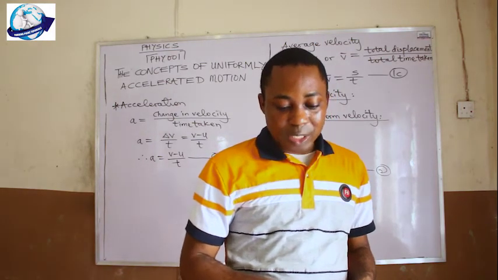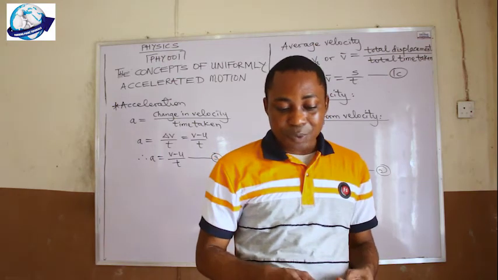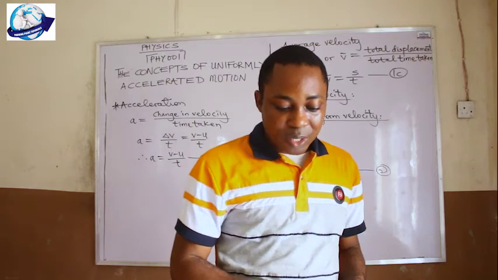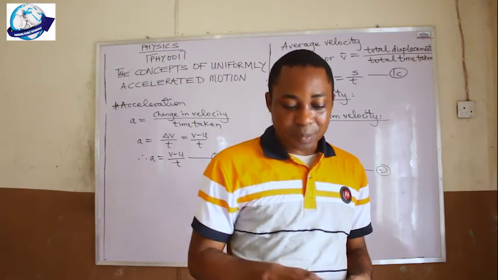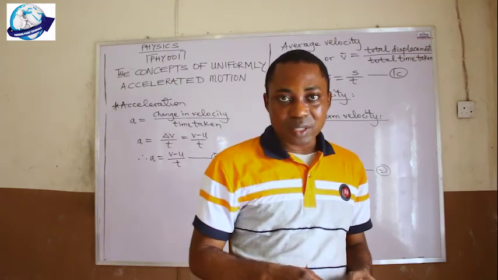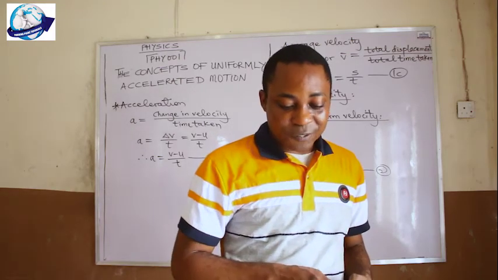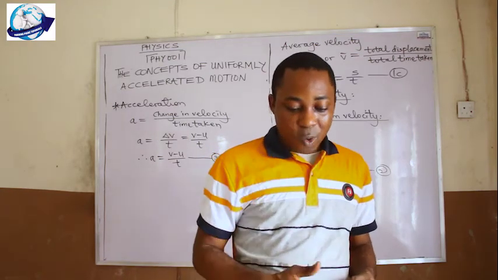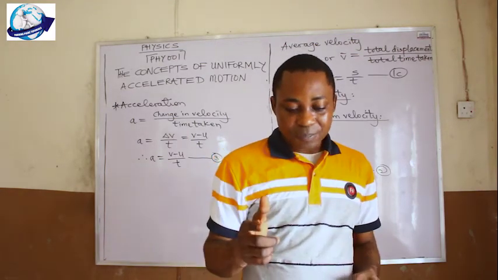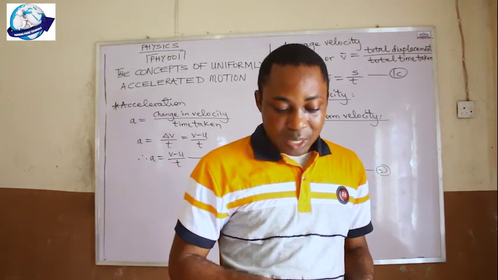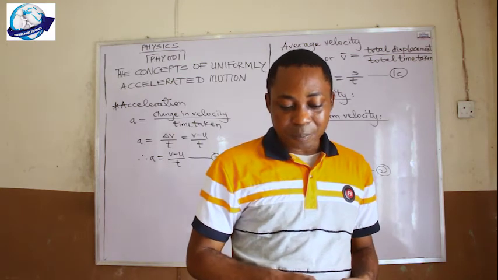Uniform deceleration is a motion situation in which a body experiences equal decrease in velocity in equal time intervals, no matter how small the time interval may be.